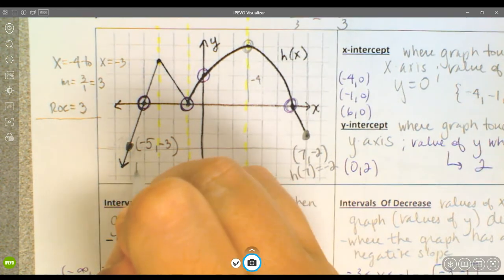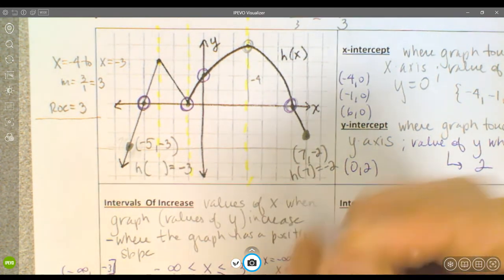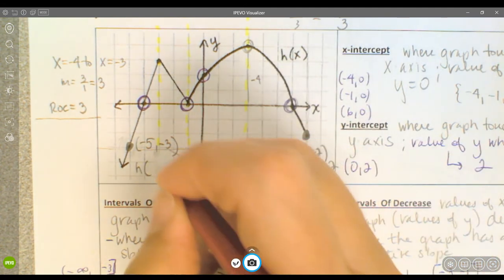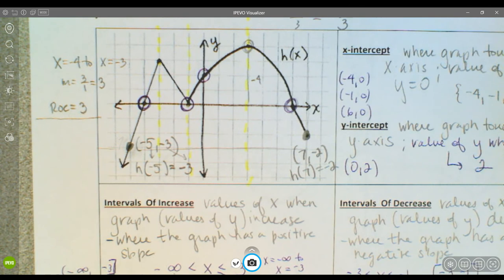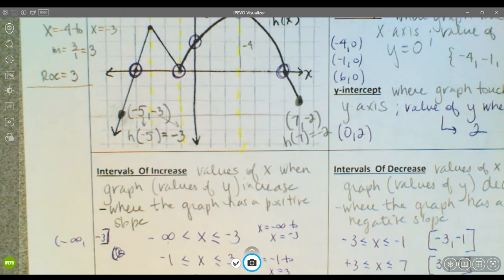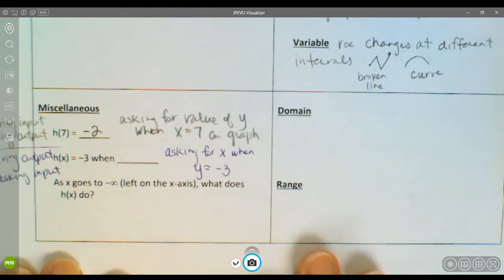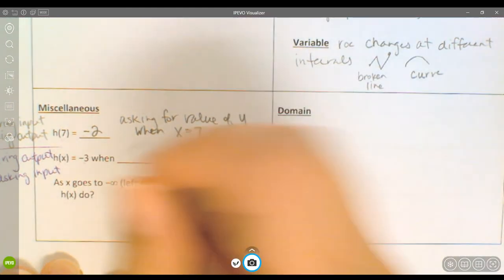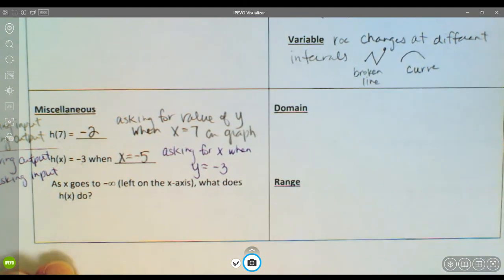So they want to know the value of x when the output equals -3. If -3 is the output, -5 is the input. Therefore, h of x equals -3 when x equals -5.